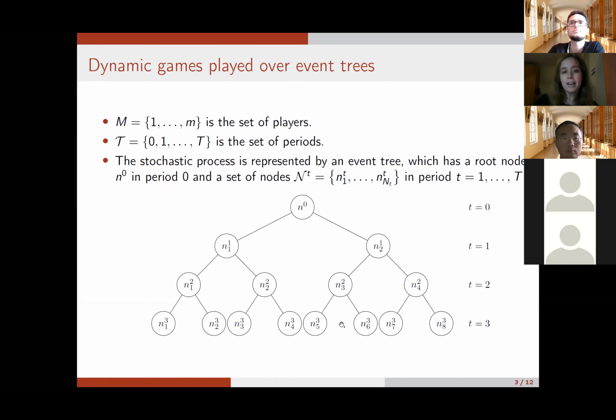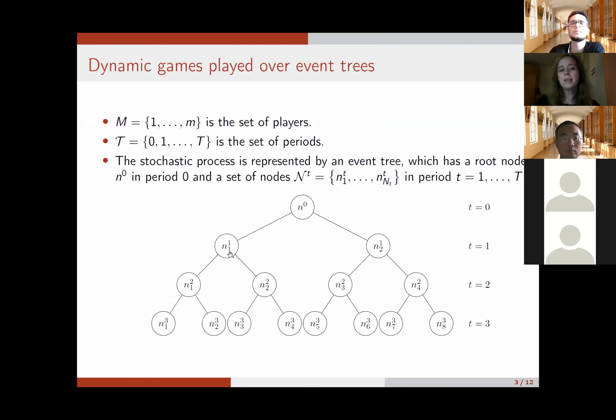The tree has finite length, so we have a finite set of periods, and we start from the initial node n0. At this node, players choose their strategies or actions, and they get their payoffs. After the realization of the actions and the payoffs, the stochastic process transits to other nodes. Here at time period 1 we have 2 nodes, and at these nodes again players choose their strategies and get payoffs, and so on.